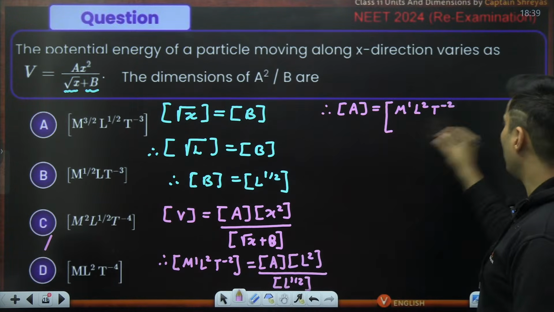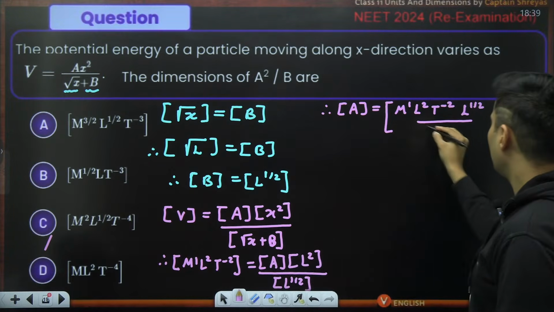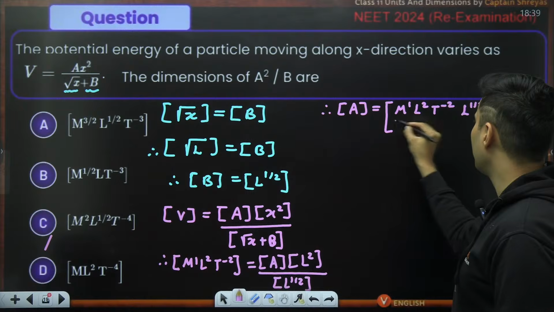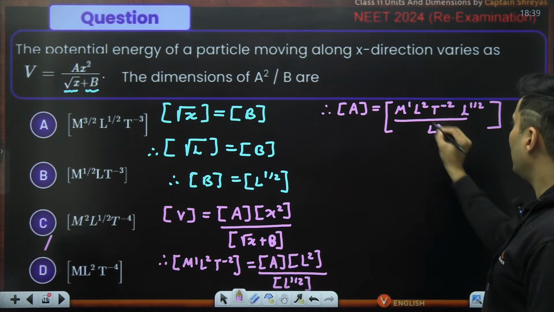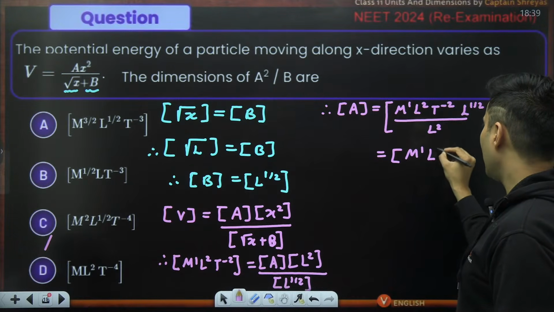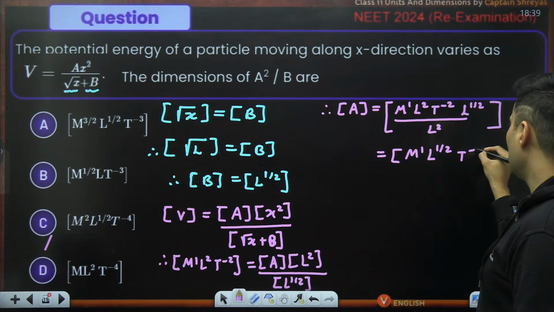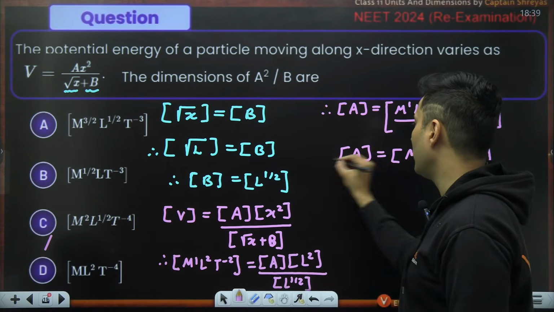L raised to half will go on the top, and I will be dividing this whole thing with L raised to 2, because this L raised to 2 will go below. L raised to 2 will cancel, so it will just become m raised to 1, L raised to half and T raised to minus 2. So that is the dimensional formula for A.